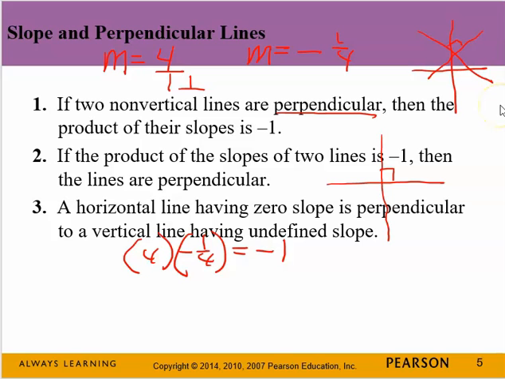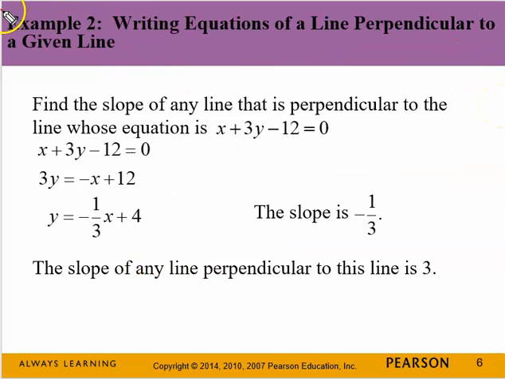Okay, let's go on. Now let's look at example 2. Write the equation of a line perpendicular to a given line. Well, again, the first thing we'd have to do is find out what the slope of this line would be. And we saw that it was, we did it earlier, a negative 1/3. So what would be the slope of a line perpendicular to this?